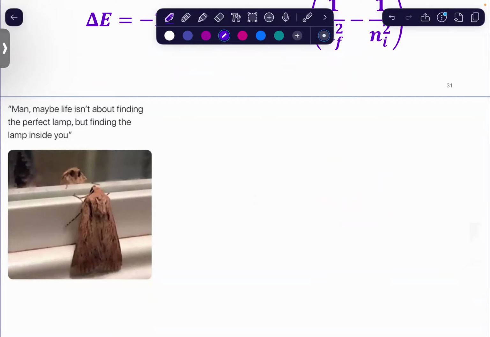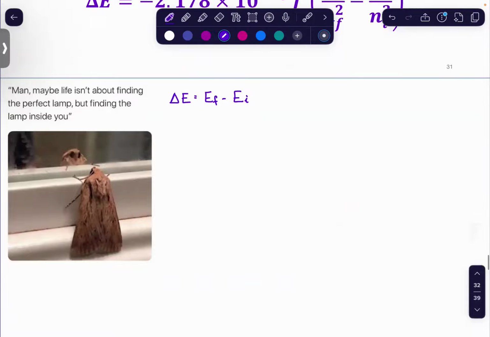So that one's actually easy to find because we remember that a delta is a final minus initial. And so we say, well, that's going to be negative 2.178 times 10 to the negative 18th joules, and then we're going to have Z squared over n final squared.